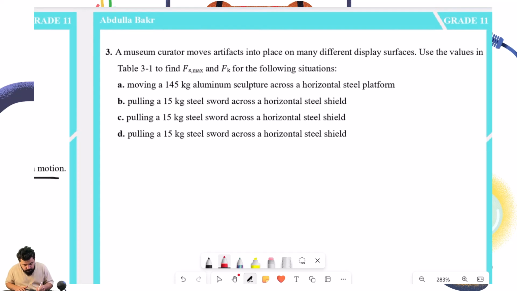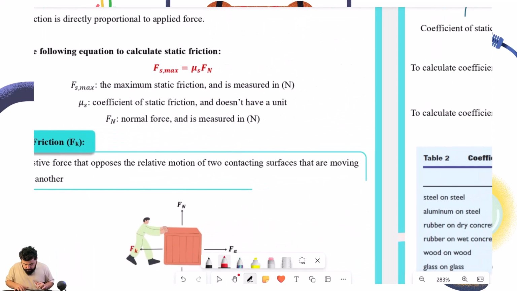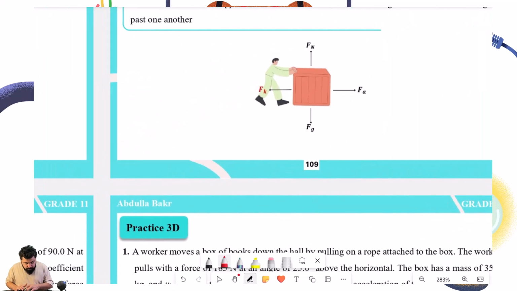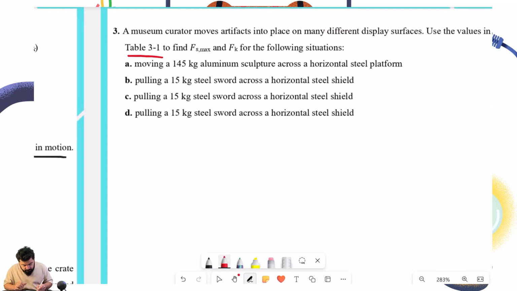Just a simple note. Use the table I just showed you to solve question 3. It says find Fs and find Fk for the following situation. If you have 145 kilogram, for A, you know that Fs is equal to mu s multiplied by Fn.